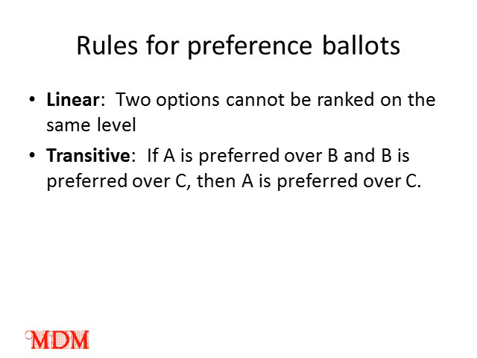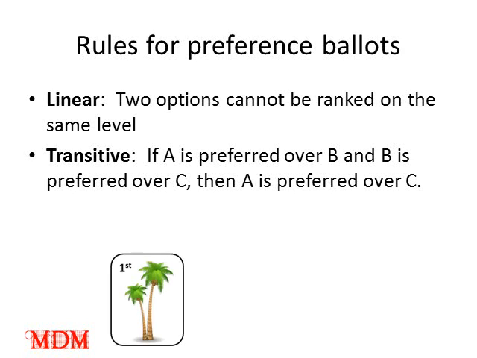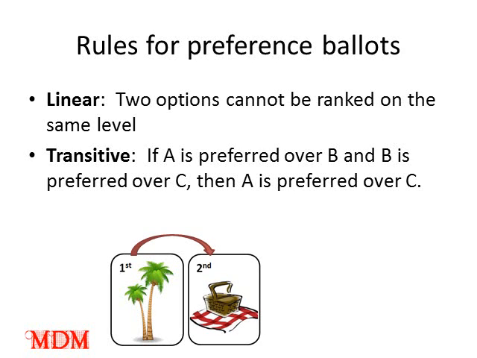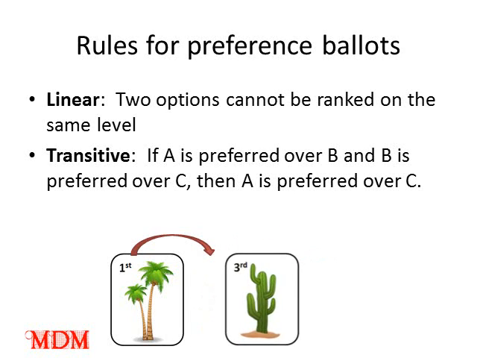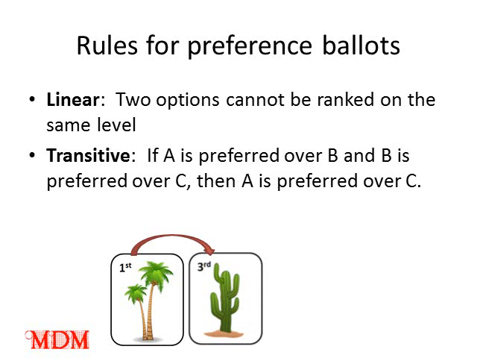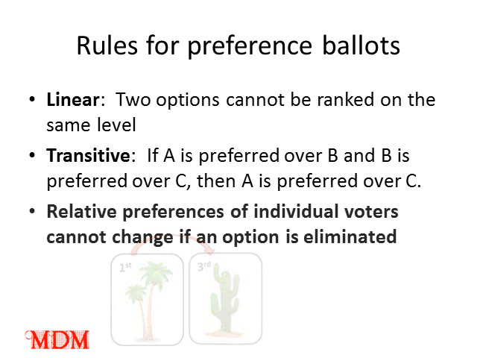In this way, preference ballots are transitive, meaning that if option A is preferred by a voter over option B, and option B is preferred over option C, then A is automatically preferred over C. Basically, in our office party vote, if a person ranks tropical over picnic and picnic over fiesta, then it is assumed they would also rank tropical over fiesta.